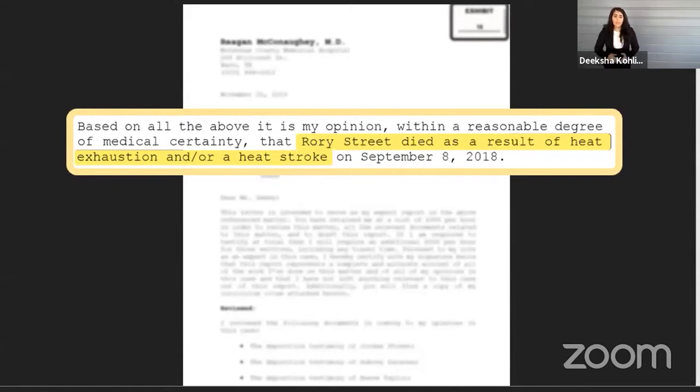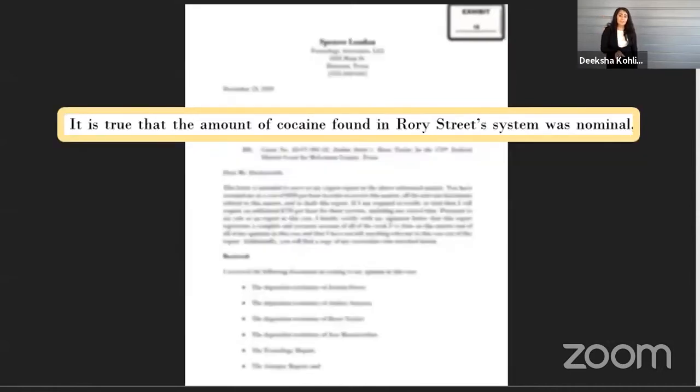When a person's body overheats so much that their heart gives out. So what could have caused Rory's body to overheat? This was a star 18-year-old athlete in peak physical condition. She had an amount of cocaine in her system that even the defense admits was nominal.